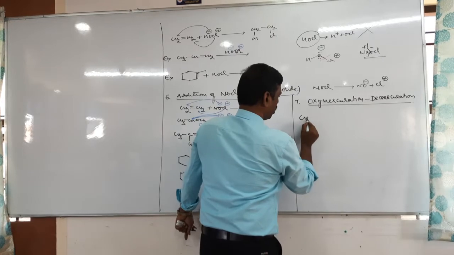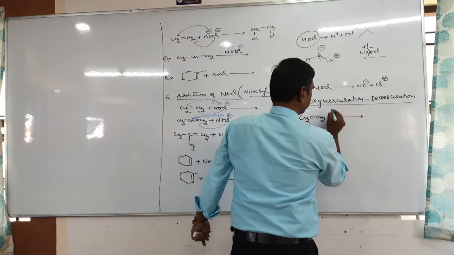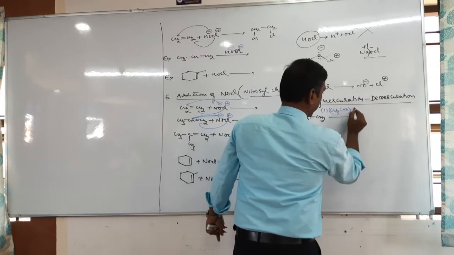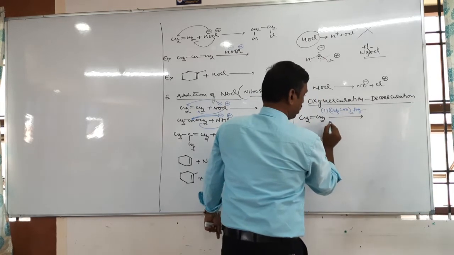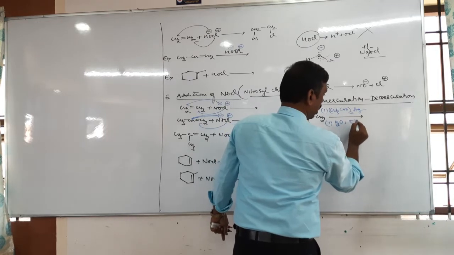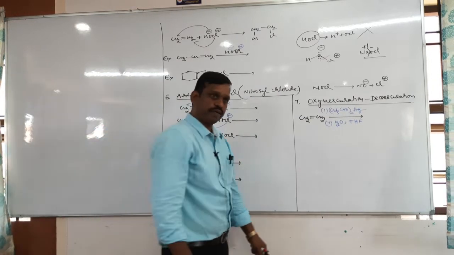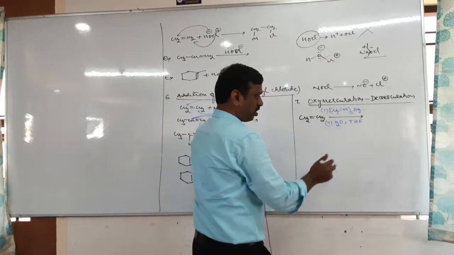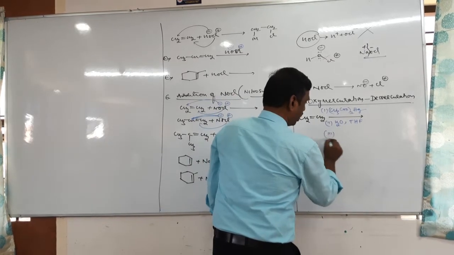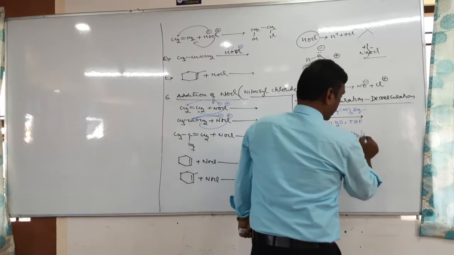See here, alkenes react with mercuric acetate, the first reagent. The second reagent is water in presence of tetrahydrofuran, THF, which is a solvent. This is followed by sodium borohydride and NaOH.